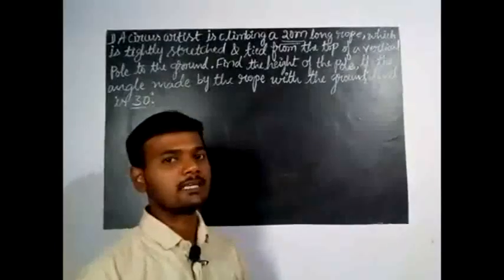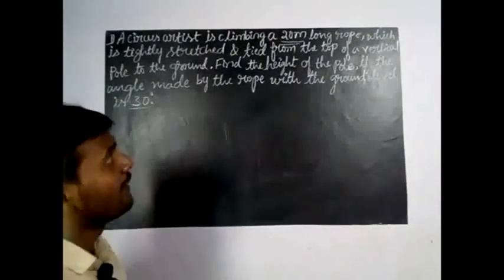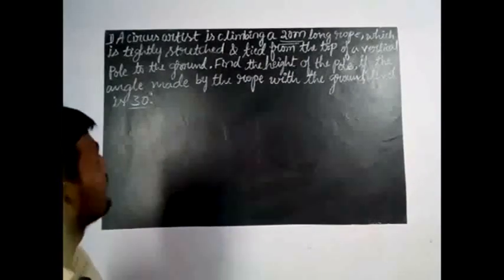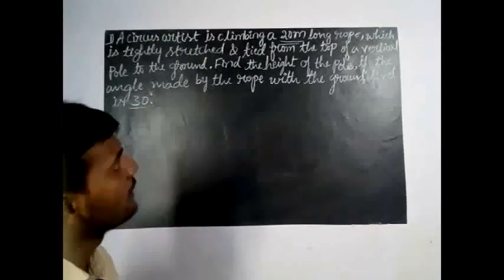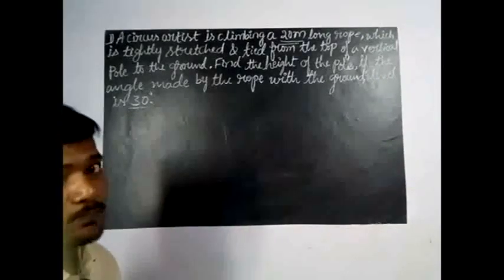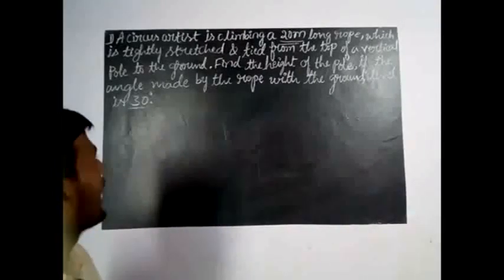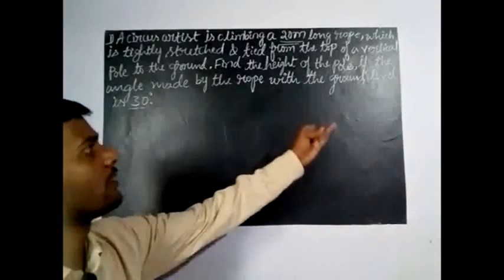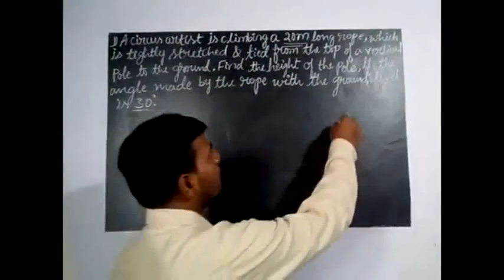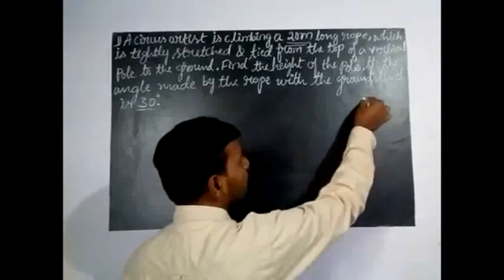It's about the example. A circus artist is climbing a 20-meter long rope which is tightly stretched and tied from the top of a vertical pole to the ground. Find the height of the pole if the angle made by the rope with the ground level is 30 degrees.